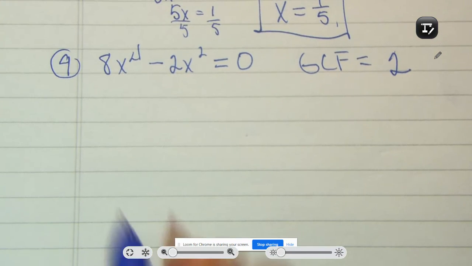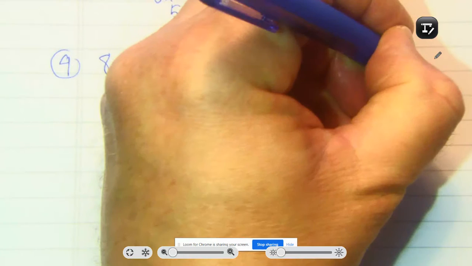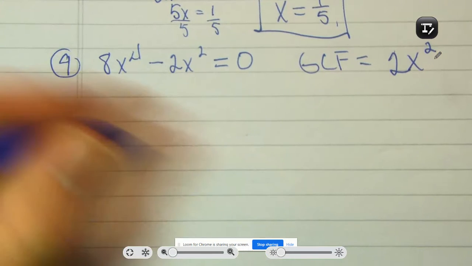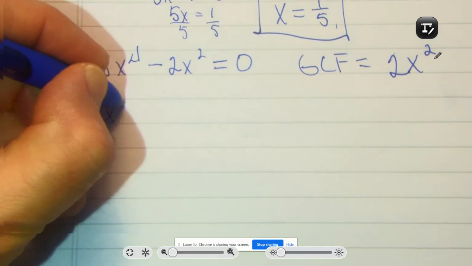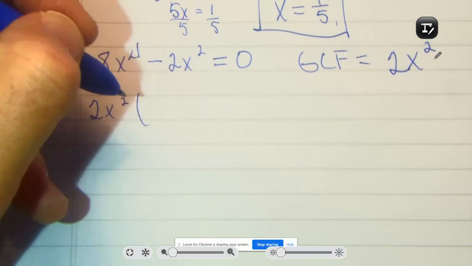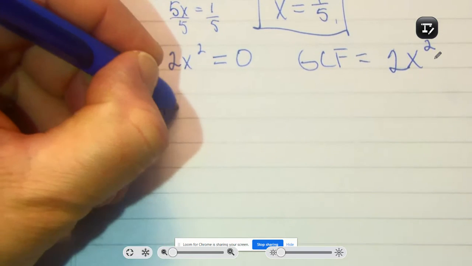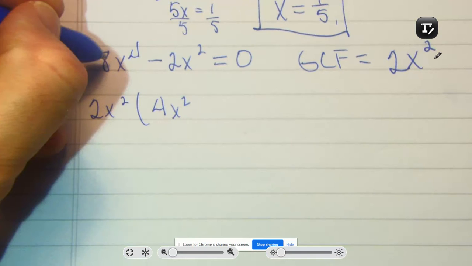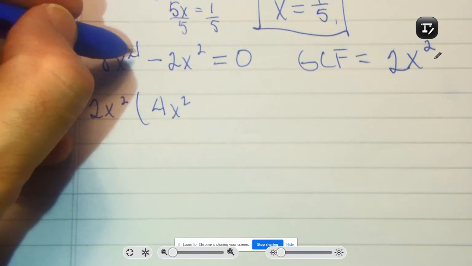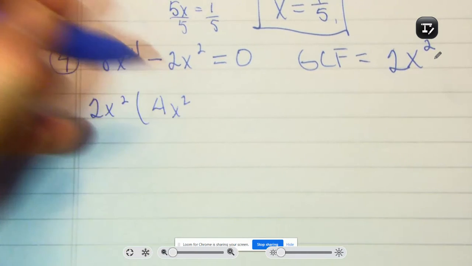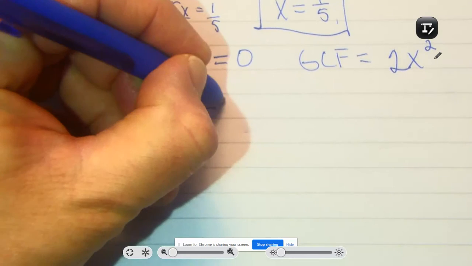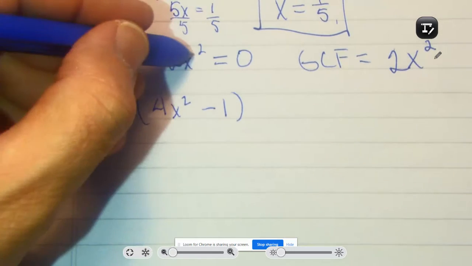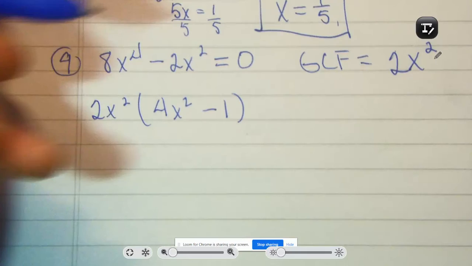And I've got an x squared and x to the 4th, so I can factor out an x squared. So let me rewrite that this way. It'll be 4x squared. Now, all I did was take 8 divided by 2, got 4. X to the 4th divided by x squared is x squared. And then minus 1, because 2x squared divided by 2x squared is just 1.